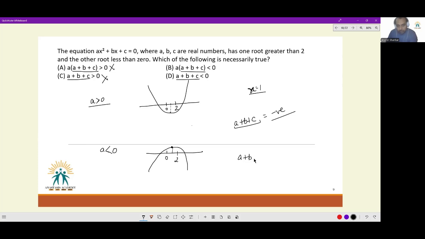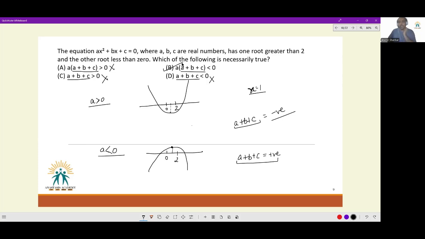Here, A plus B plus C will be a positive number. If A plus B plus C is a positive number when A is less than 0, can you see option D will now get eliminated? There is a case where A plus B plus C is not less than 0. This goes away. But thankfully, option B, a negative number into a positive number, continues to remain under 0. The correct answer for this question will be option B.